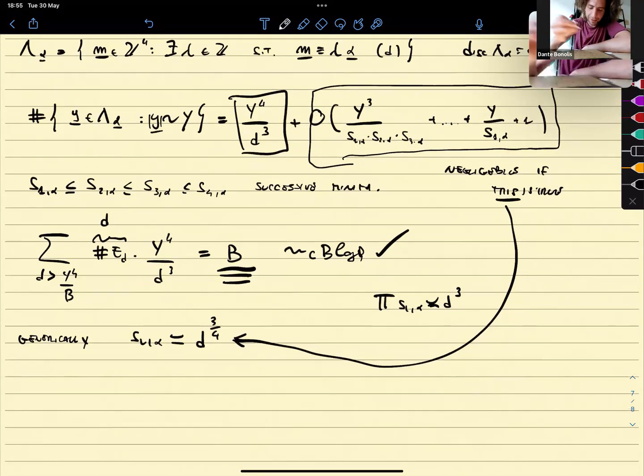So basically, we reduce this problem to the circle method problem.